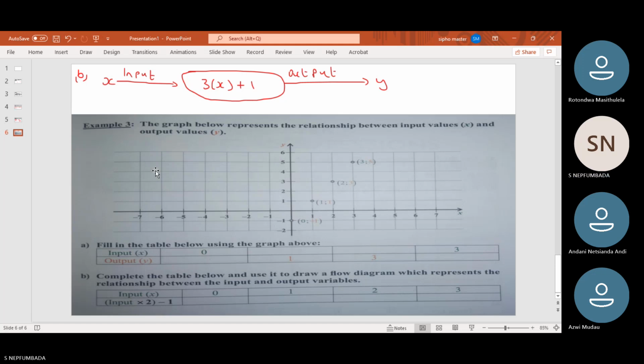Can you try it? Let's be fast, we're behind time. Let's check our point. Very nice.